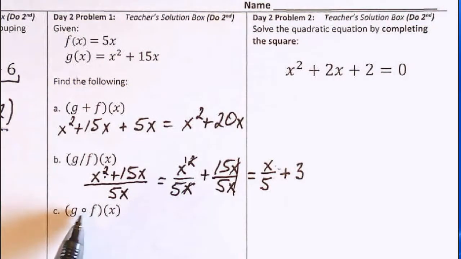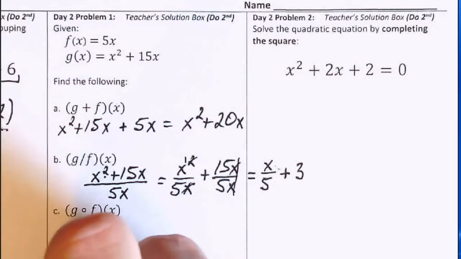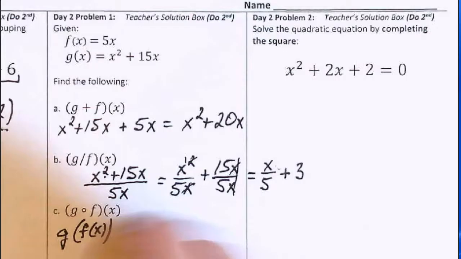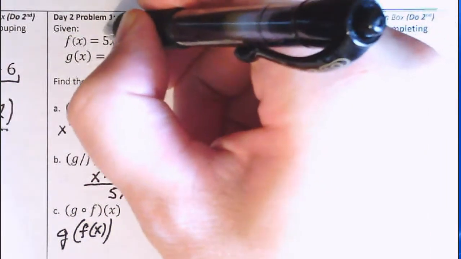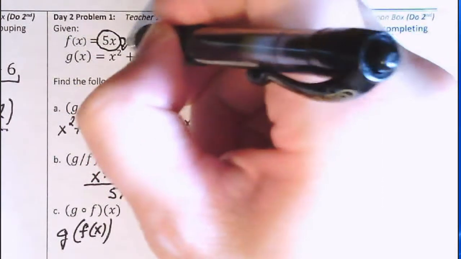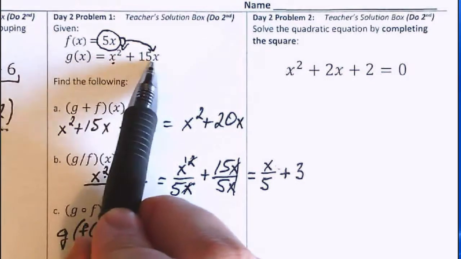Question C, we're going to do the composition of g with f. The letter g is written first, so we're putting function f into function g. So up here in the original functions, we're going to take function f, which is 5x, and put it into the variable for function g, here and here.